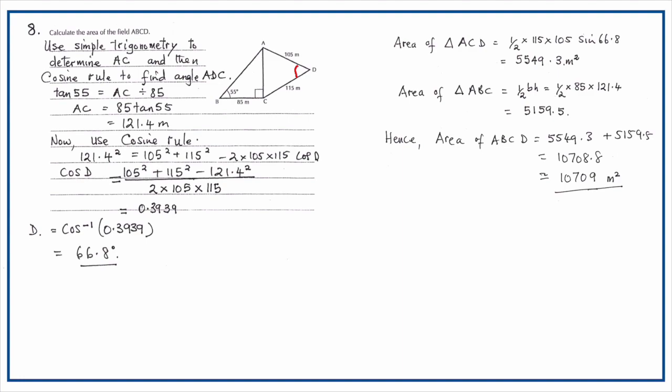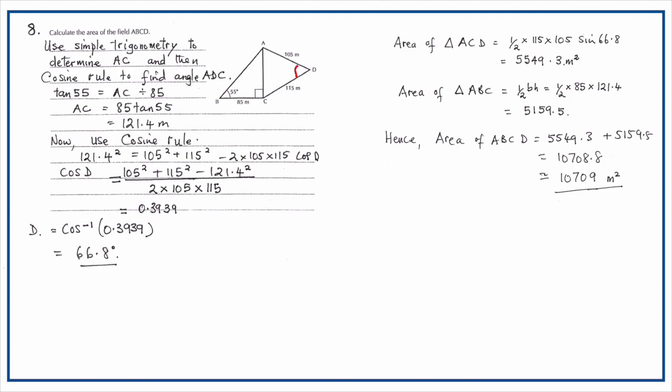121.4 squared equals 105 squared plus 115 squared minus 2 times 105 times 115 cos D. If we rearrange to make cos D the subject, cos D equals 105 squared plus 115 squared minus 121.4 squared, all divided by 2 times 105 times 115, which equals 0.3939.